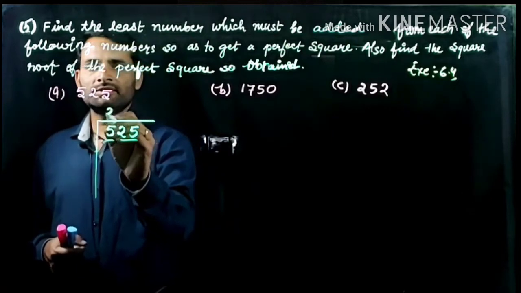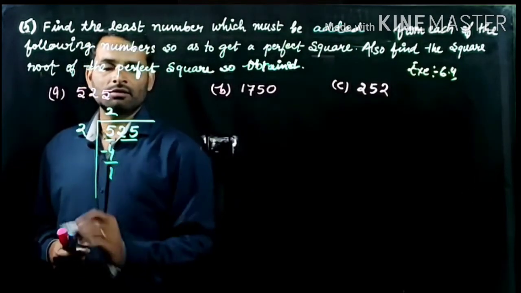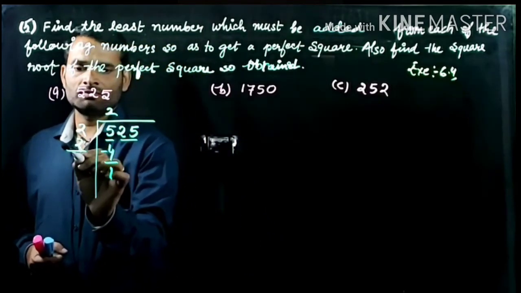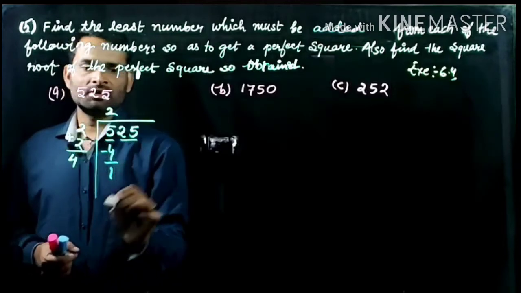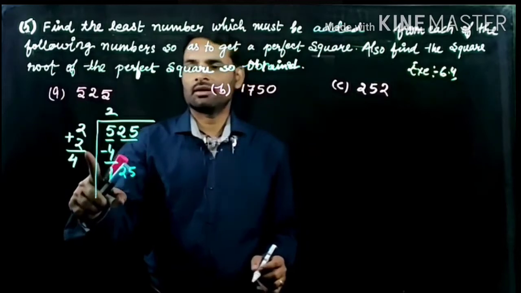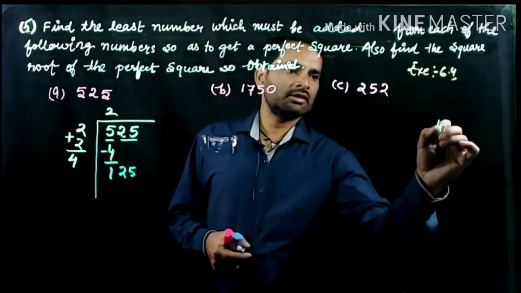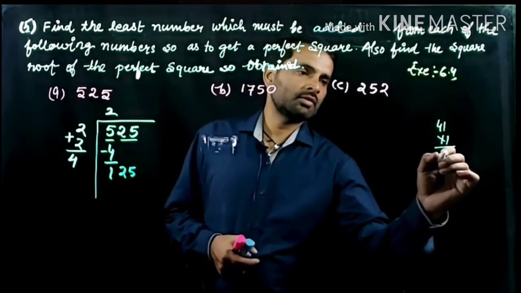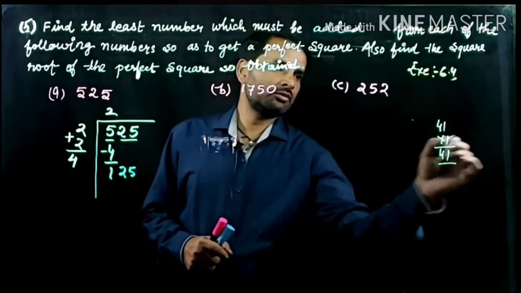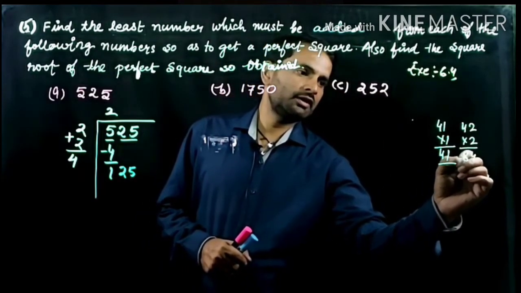So first you divide by 2; 2 times 2 is 4, the remainder is 1. Then 2 plus 2 is 4, and the next pair is 125. This number in this place and this place is the same number, so 41 times 1 is 41. Second, suppose you take 2 in the 40: 42 times 2 is 84.